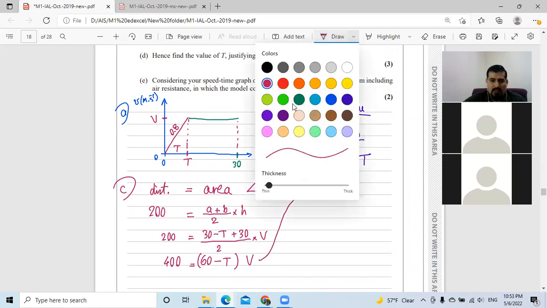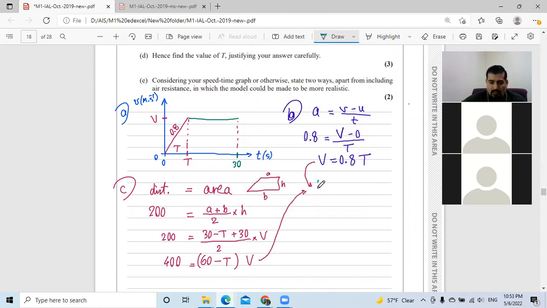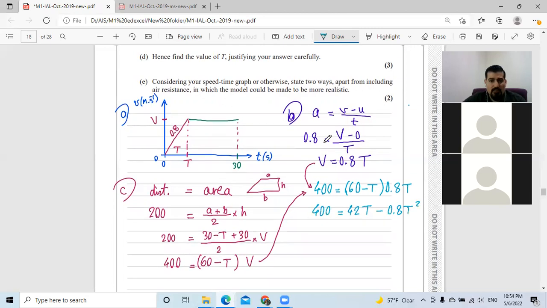So what I will get, look here. 400 equals 60 minus t multiplied by v, which is 0.8t. 0.8t multiplied by 60 is 48t minus 0.8t squared, all of this is equal to 400.